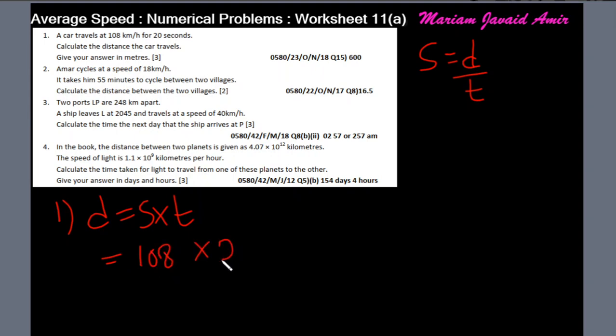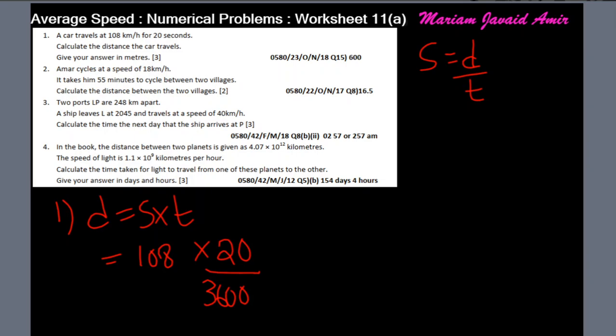So the time needs to be changed into hours as well. To change seconds into hours, we divide by 3600, because 60 times 60 is 3600. When we divide 20 by 60, we get the answer in minutes, and again we need to divide by 60 to get the answer in hours.